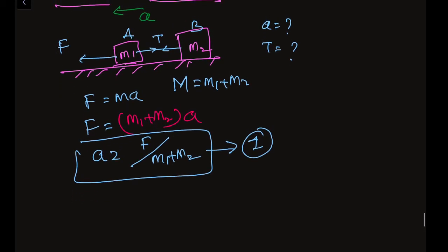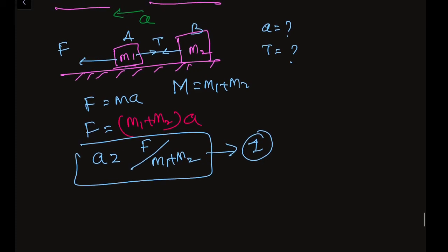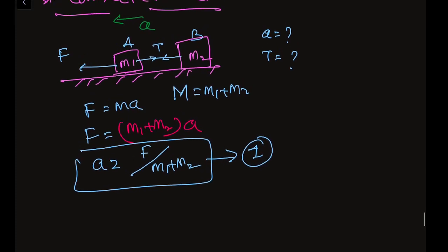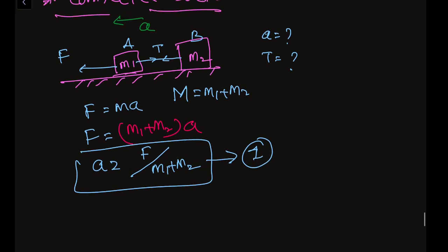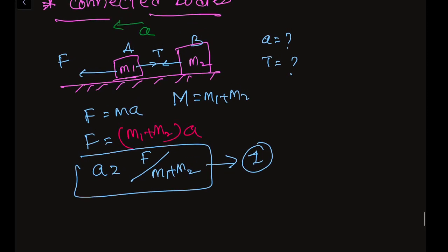Got it? Leftward direction. Now here, horizontally, T is equal to m2g. Here the tension is m2g.